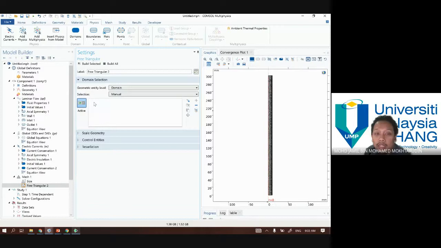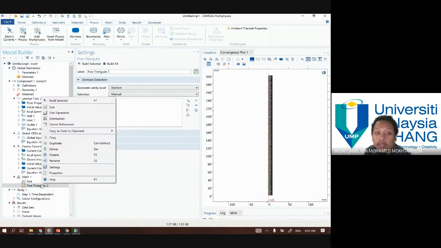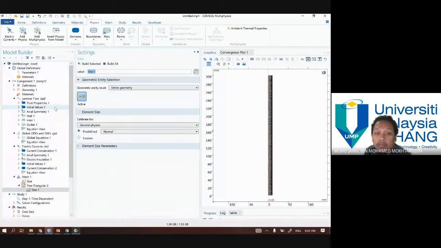So let's say selection number 2, boundary number 2, and then after that, in the free triangular or in the free tetrahedral in your case, right click, choose size, and then just change normal to final. So you can try first by build selected. When you build selected, you will see the heart will have a smaller mesh.